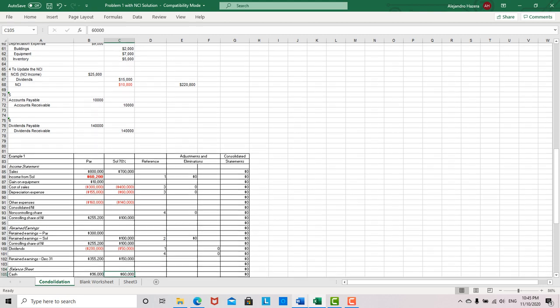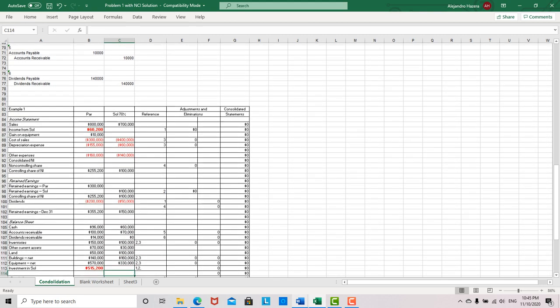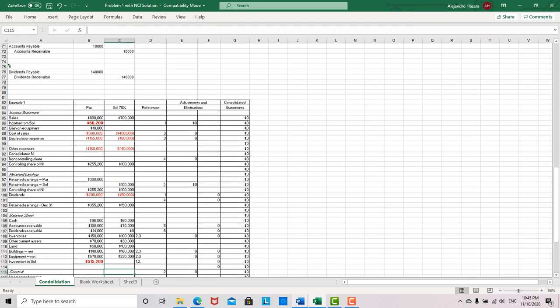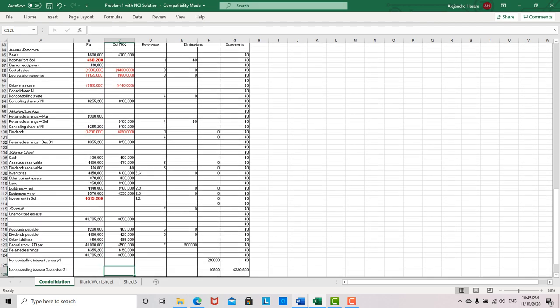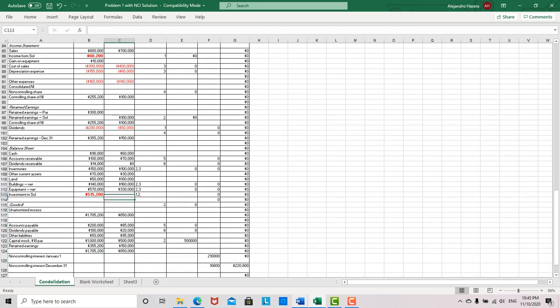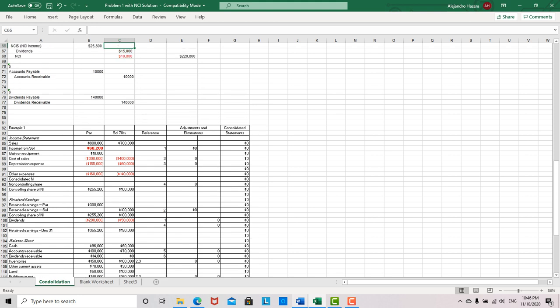The subsidiary owes the parent dividends, and from a consolidated perspective, you can't owe yourself dividends. And basically, it's 70% of, if you go to dividends payable right here, 20,000. It's 70% of that 20,000. You can owe it to the outsiders, the non-controlling shareholders, not the parent.